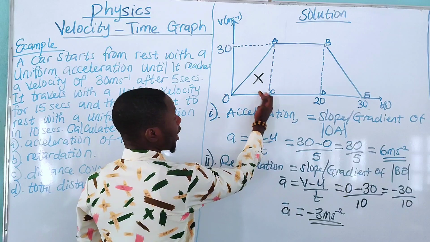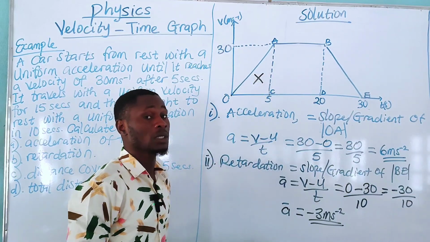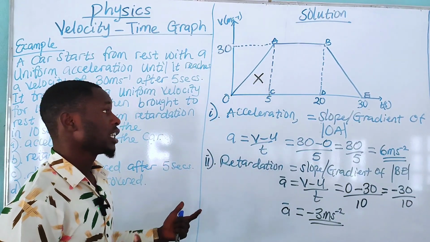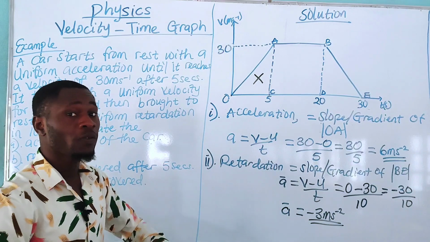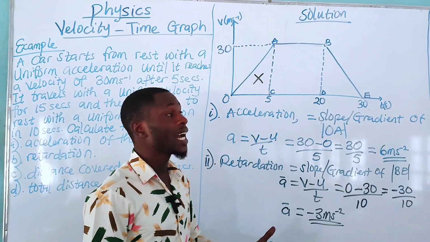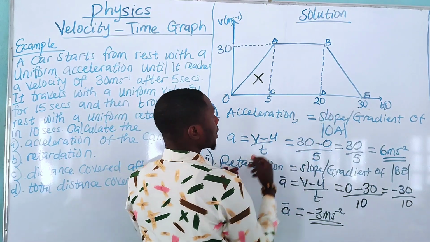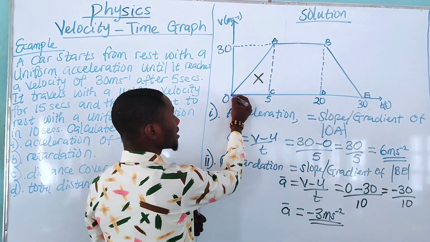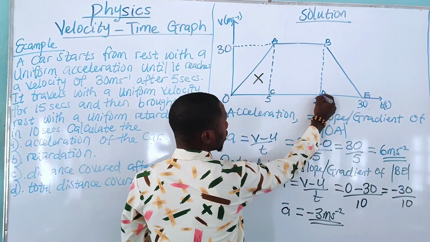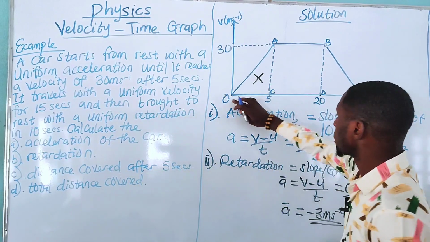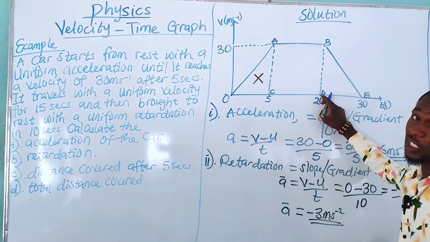So when the time is 5, the shape we have there is a triangle. If the question says, for instance, find the total distance covered after 20 seconds, we know that we actually calculated the distance from this point down to this point. But from this point to this point, we have two shapes.